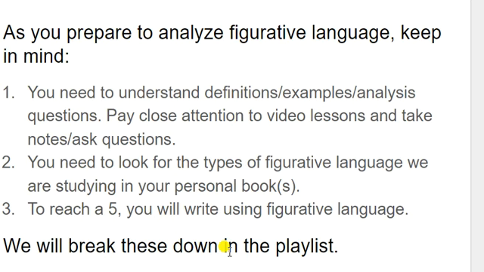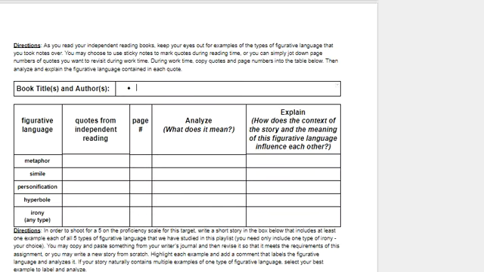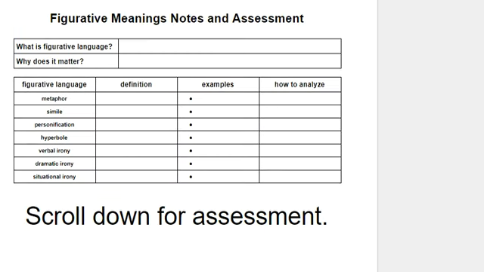So as you learn about them and take notes about these different types of figurative language, you might be thinking about either something that you already wrote or something that you want to write, a story that might include all of these elements. So kind of bear that overview of this unit in mind from the beginning so that you're preparing for the end from the start, so to speak.